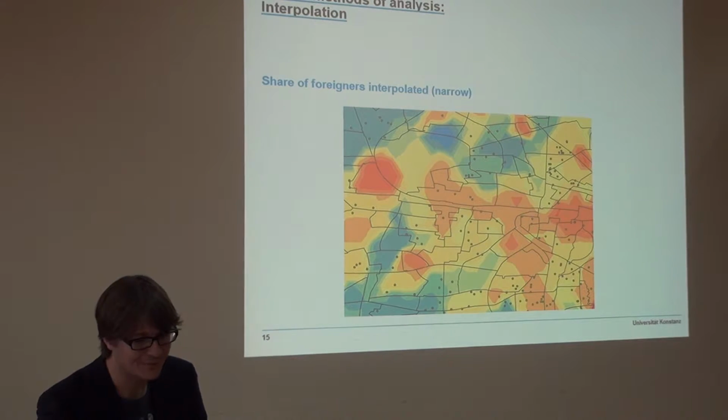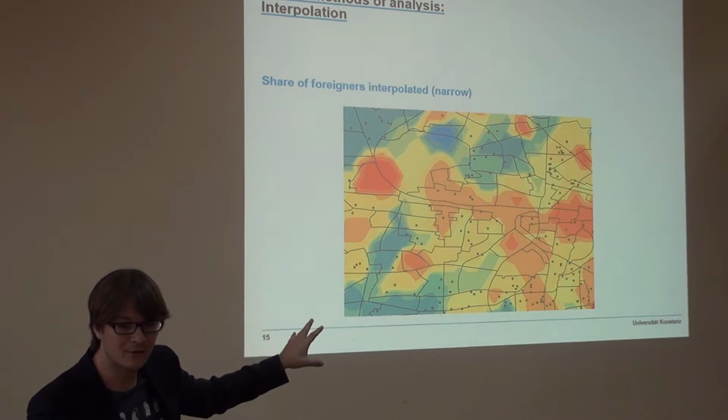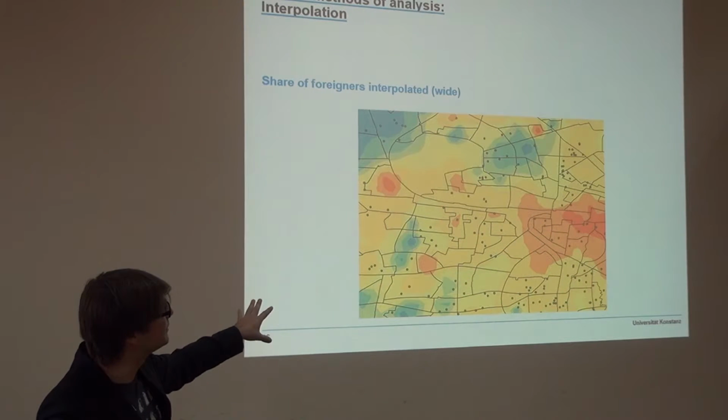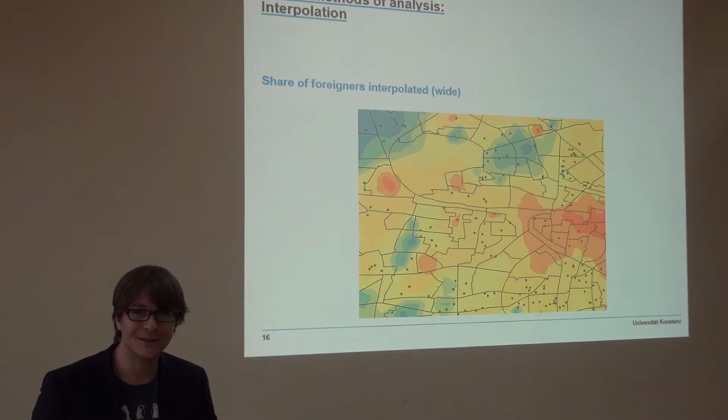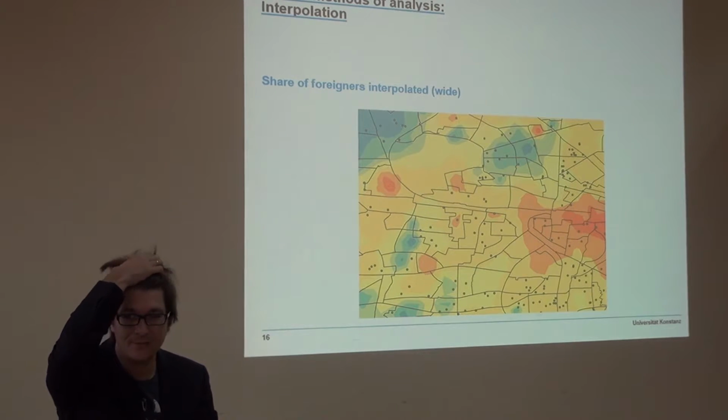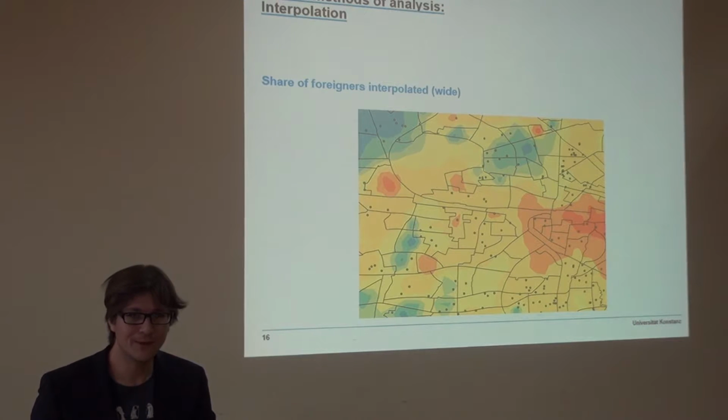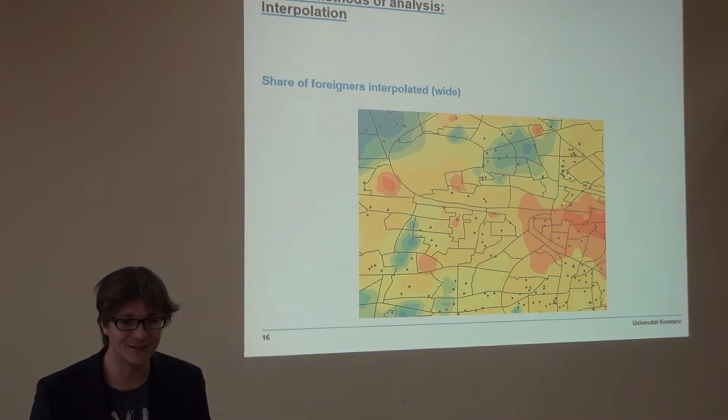When you do this very narrowly, you get something like this, but when you do it more widely, you get it even more smoothed out. And you can imagine in the extreme case, when you take the whole city into account, you get the mean value of the share of foreigners for the whole city, so you get the same color everywhere.